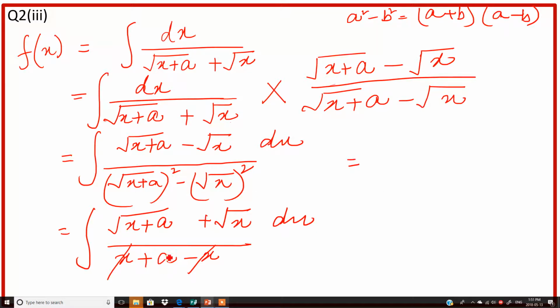Here a is a constant, so we write it outside the integral. Now we have under root x plus a plus under root x dx. Now our question is so simple, we have to integrate under root x plus a plus under root x. See, we do not have anything in the denominator.